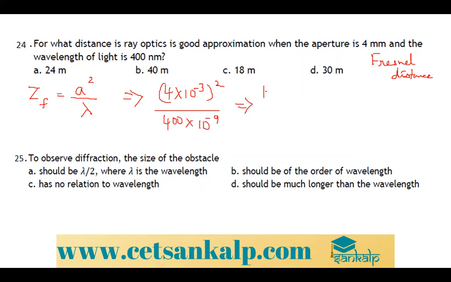Then it is 4 fours are 16 into 10 to the power minus 6 divided by 4 into 10 to the power minus 7. 10 to the power minus 6 minus minus 7 gives 10 to the power 1. So it will be 40 meter. So option B.